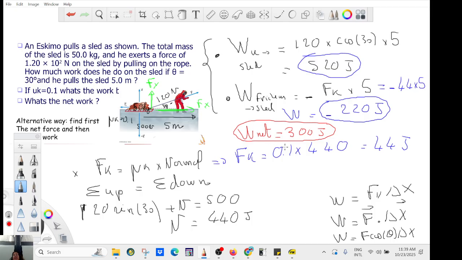So once you have the net work, then you know the change in kinetic energy. Maybe you find this too hard to do step by step this way. So you can also do instead: the net work is the net force dot the displacement.